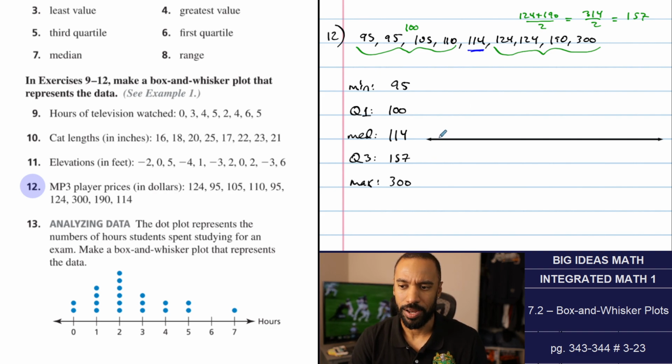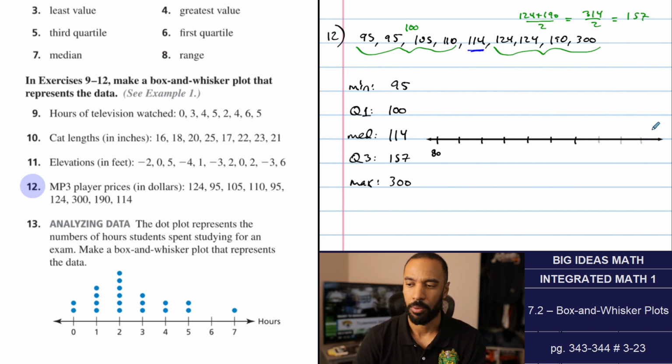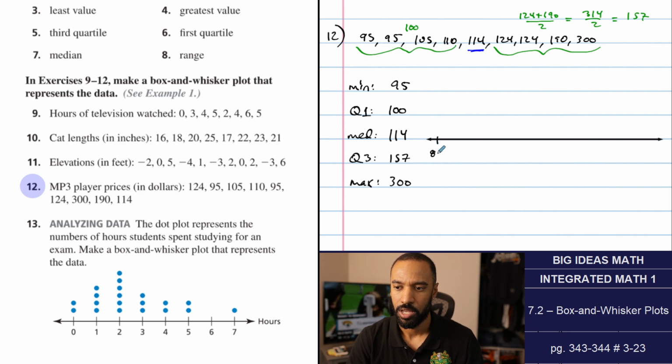This might be a little bit more hectic, but I'm going to put 80 on the low end and go to 100, 120, 140, 160, 180, 200, 220, 240, 260. Ooh, I ran out of room. See, even going by 20s, it's going to be pretty densely packed.